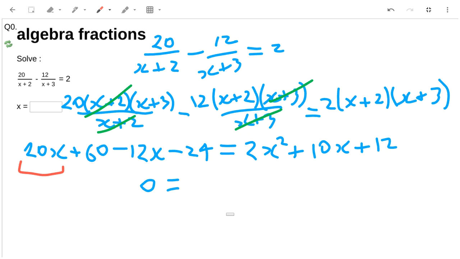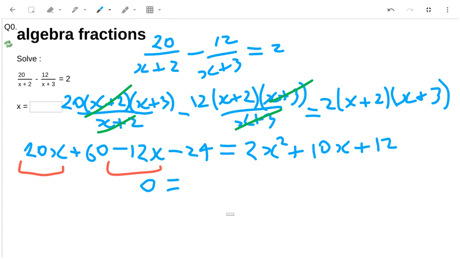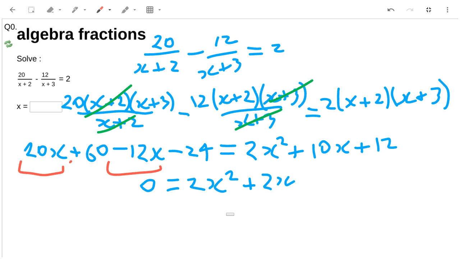This 20x minus 12x, I've got an 8x on the left. So I'm going to subtract 8x from the right. So that's going to give me plus 2x. And on the left hand side, I've got 60 minus 24, which is 36.